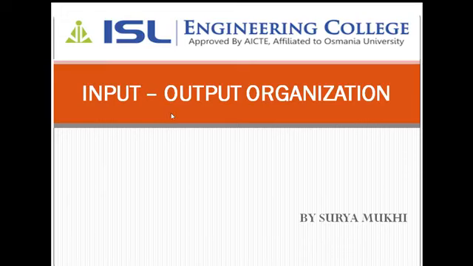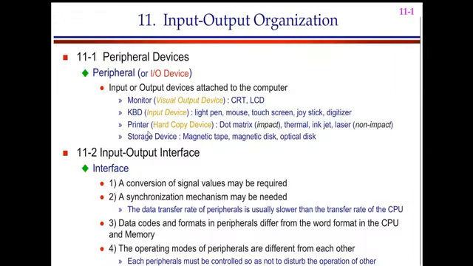Let us get in depth into this particular unit. The first foremost thing is what peripheral devices we are going to connect. What do you mean by a peripheral device? A peripheral device is nothing but your input and output devices.